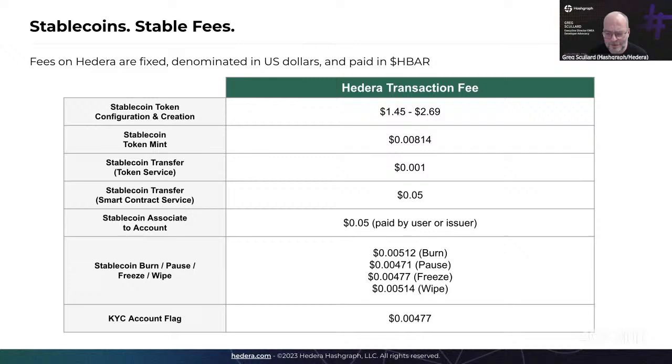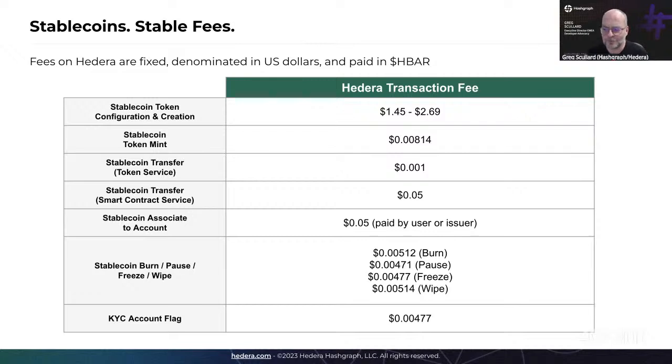If you are running 1,000 transactions a day and they're all stablecoin transfers, it will cost you $1. And all you need to do is buy $1 worth of HBAR in the morning to pay for your transactions all day long. Assuming, of course, that the price of HBAR doesn't vary drastically in that day, you can far more accurately budget for the operation and use of a service or a solution on the Hedera network because of that denomination of transaction fees in US dollars and not in native cryptocurrency.